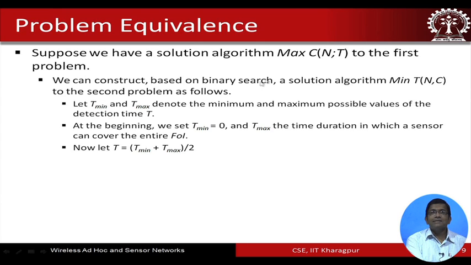So, what it is saying is that given this, we can propose a solution algorithm which minimizes T given N and C in this way.